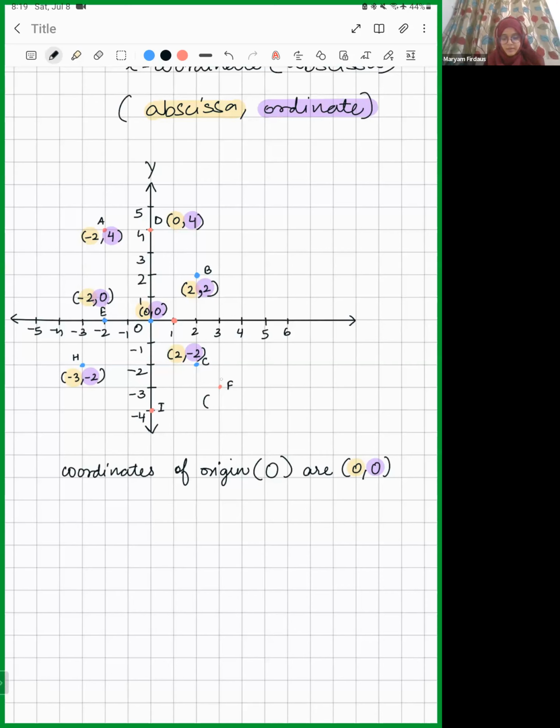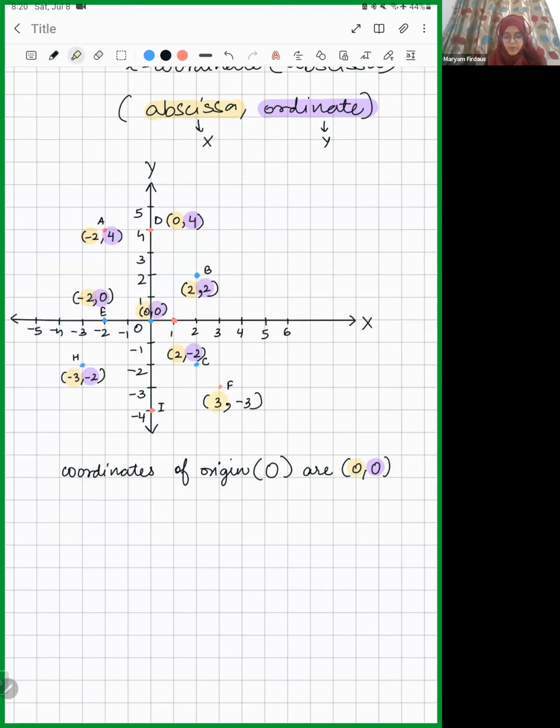First, you are going 3 units in the x direction, right? So 3. Then we have to go in the y direction. What should I write after this? -3. Very good.